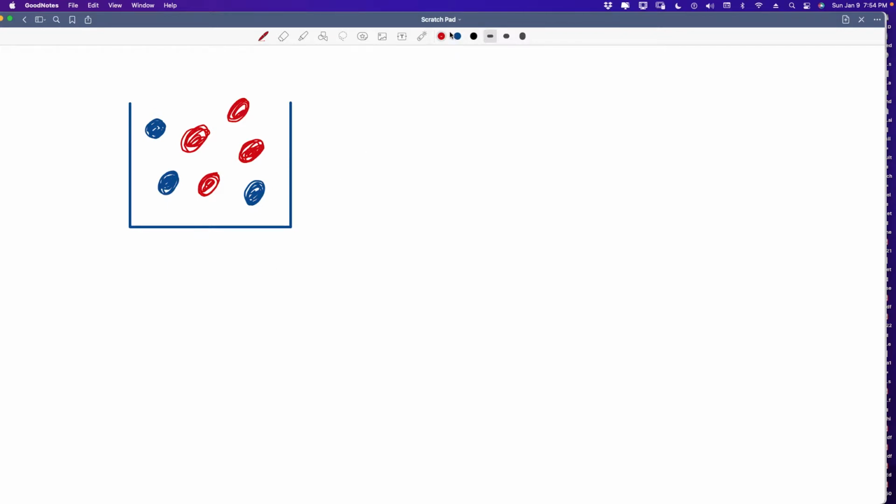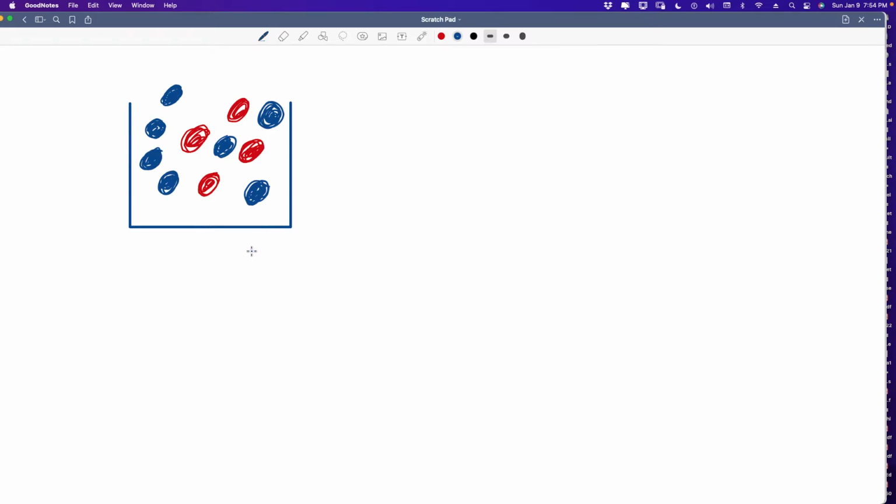Actually, this says I have 7 blue marbles. So let me put more blue marbles in here. 1, 2, 3. My blue marbles don't look that great, do they? So I have 1, 2, 3, 4, 5, 6. I need one more. That's going to be 7 marbles. And they're agate, so they're not solid color. All right, so I have 4 red and 7 blue marbles.